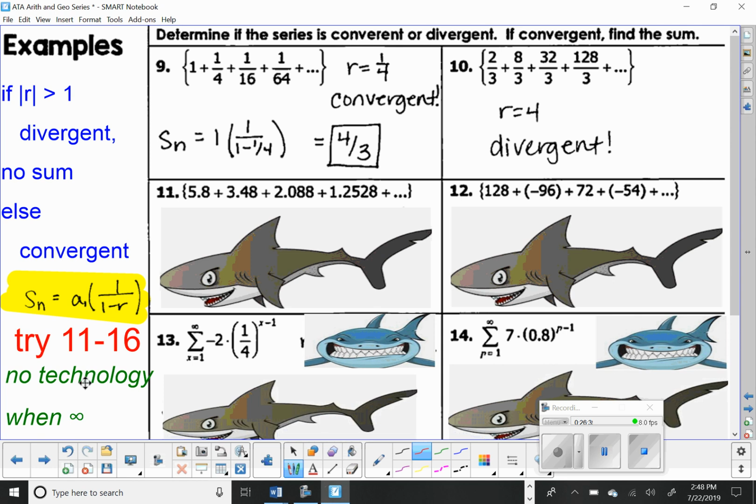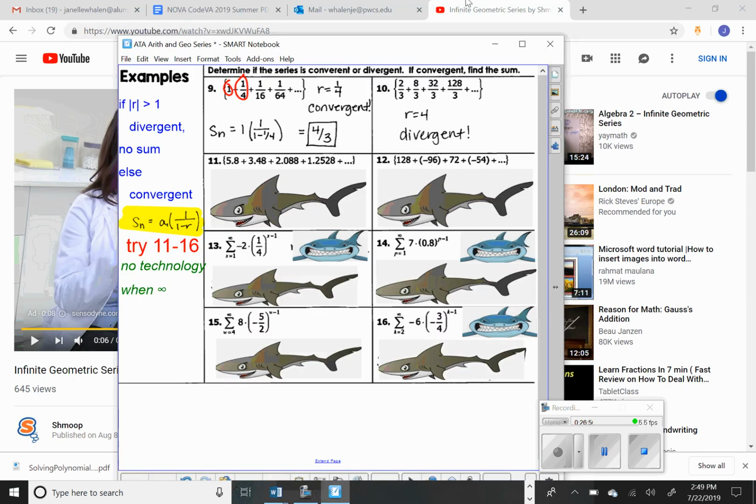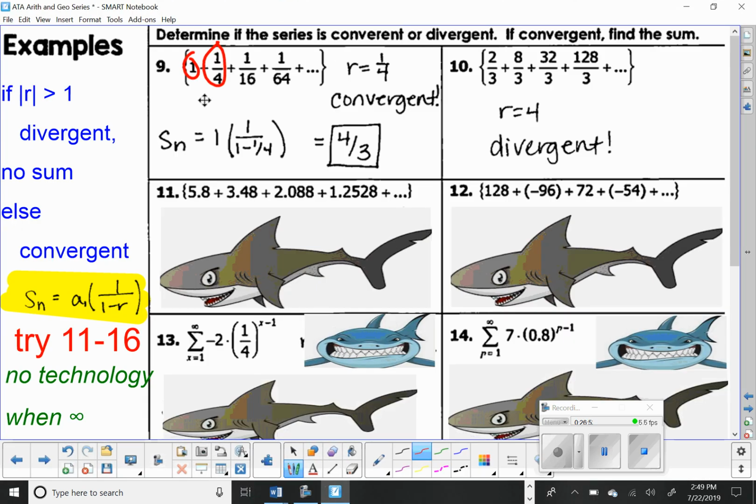Okay? So, if you take a look at number 9, how do I figure out r? I do 1/4 divided by 1, and I get 1/4. Therefore, I know it's convergent and I use the formula. Over here, I have 8/3 divided by 2/3.